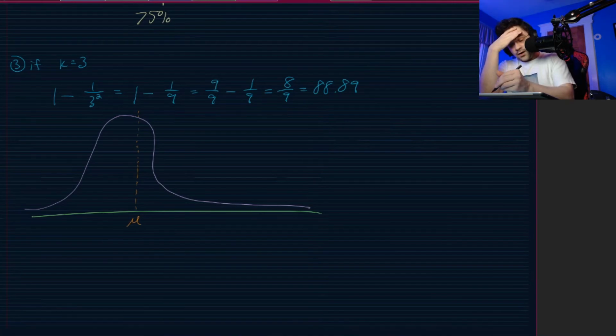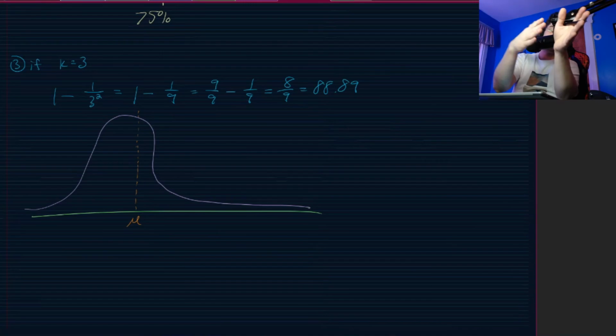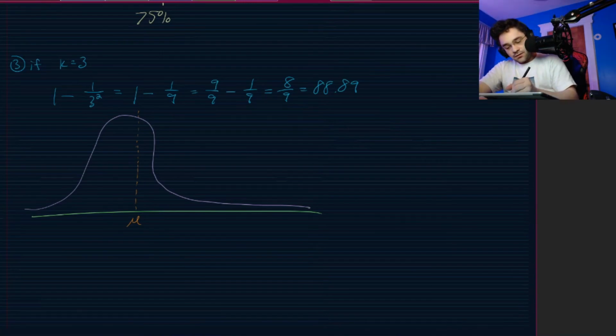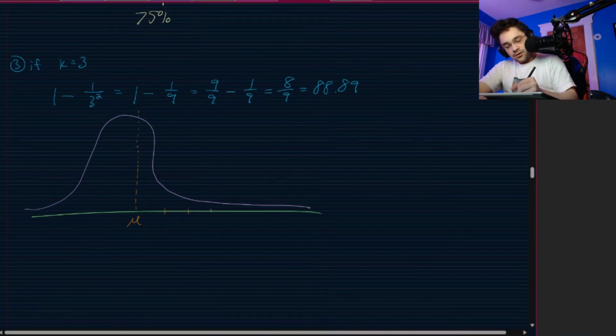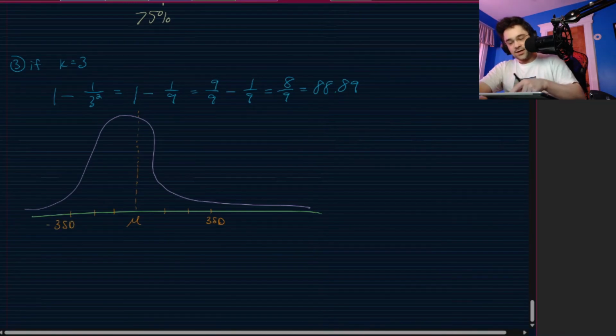And we know 88.89% will be within 3 standard deviations from the mean in either direction. 3 standard deviations to the right or to the left. So let me say this is 1, 2, 3 standard deviations to the right. 1, 2, 3 standard deviations to the left. I guess I could put negative.